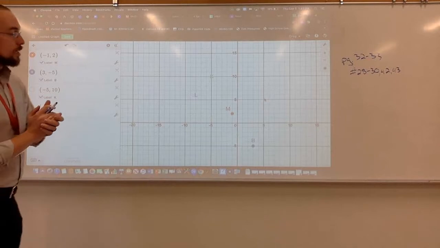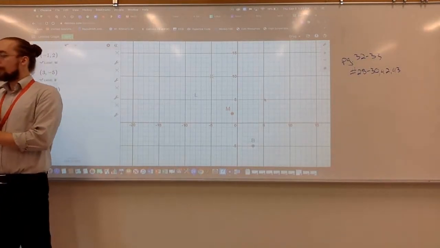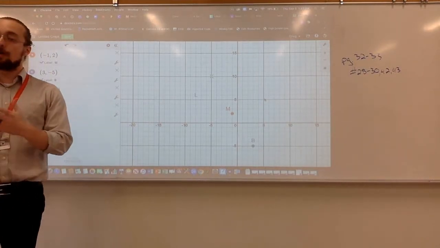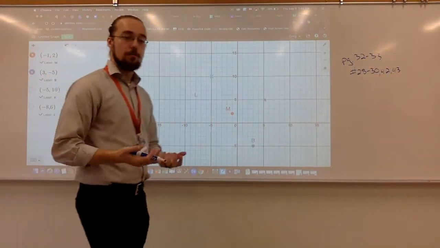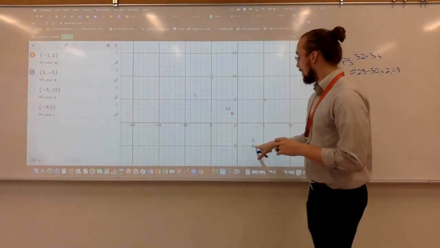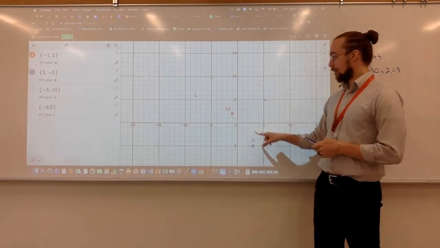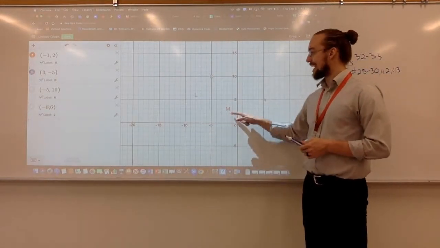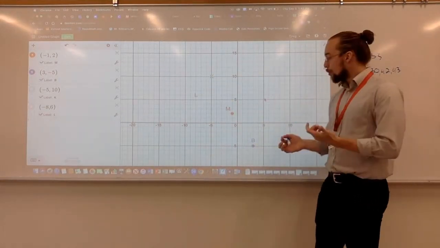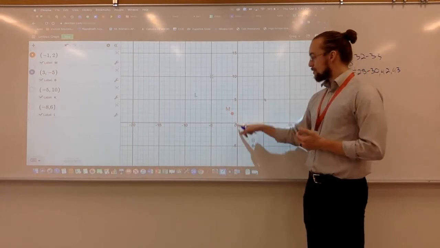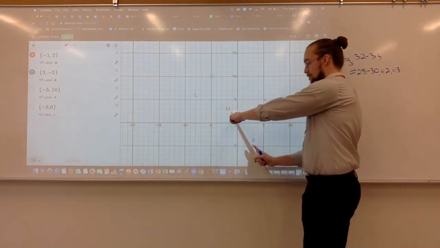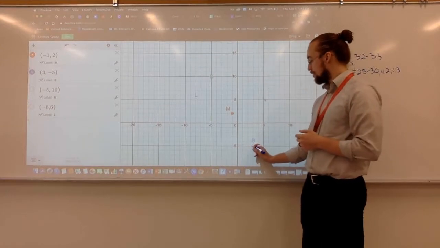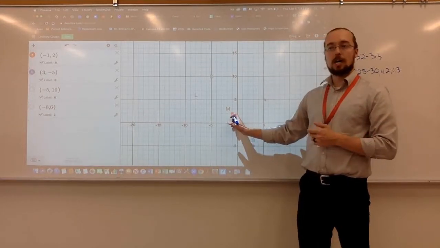Alright, let's bring it back together up here. I've heard at least a few people come up with the easy way of figuring this out. If M is the midpoint, the other endpoint is going to be the exact same distance away. So what I want to figure out is the distance from B to M. I don't have to know this diagonal distance. It's probably going to be easier if I just count how far over and how far up.